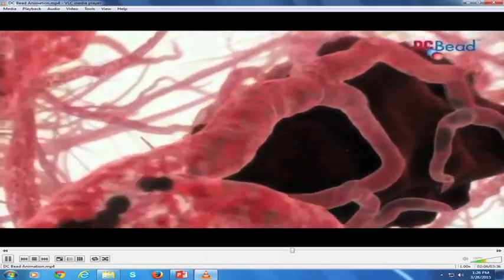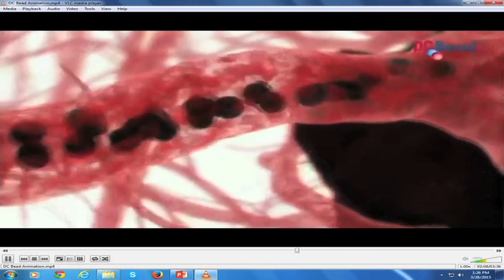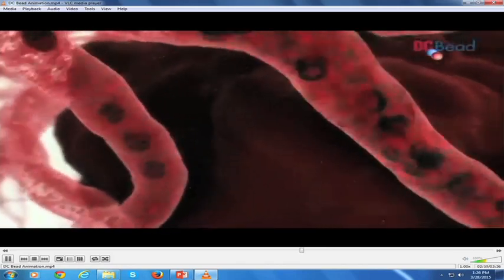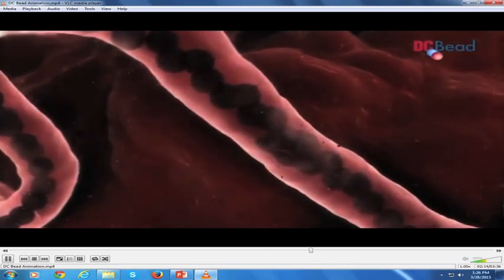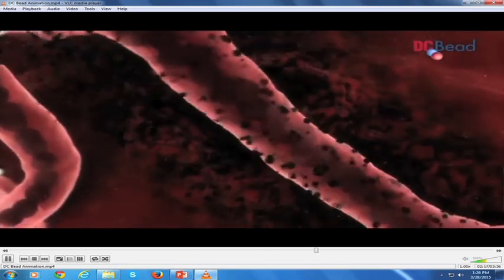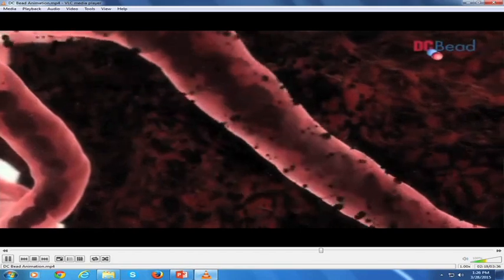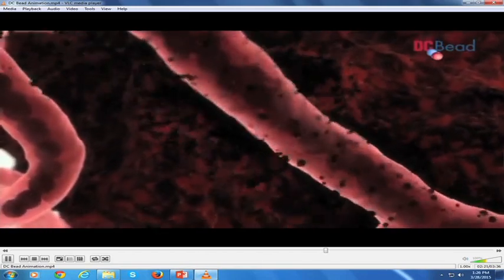The calibrated nature of the beads ensures targeted vessel occlusion, stopping intratumoral blood flow and causing ischemia and tumor cell destruction. Once at the tumor site, DC bead starts a controlled release of the drug.